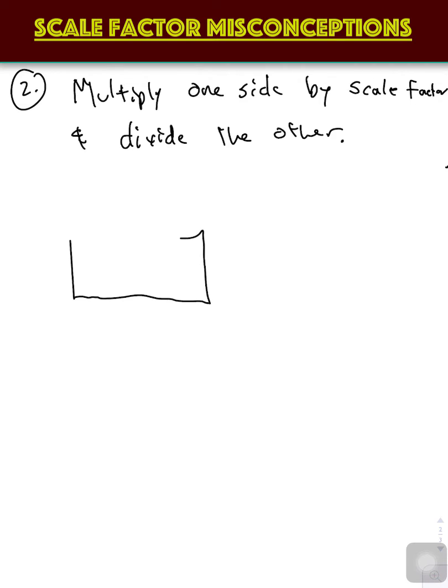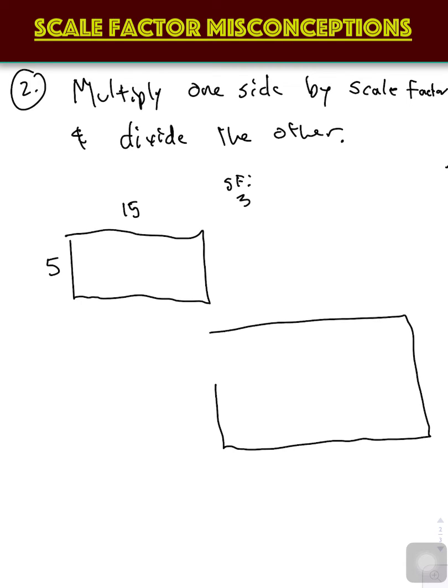So I have a rectangle, and they'll say the scale factor is 3. I'll see it where a lot of students have something like this. Obviously the images I chose here, it's not crazy hard math with the numbers. So we end up saying that if the scale factor is 3, this has to be 15.